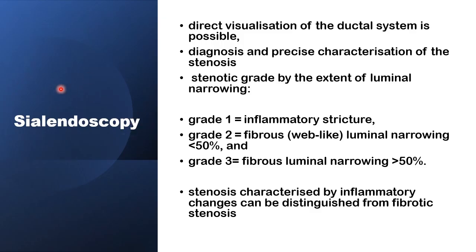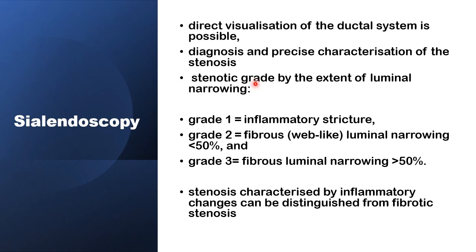And then came the endoscopy, which allows direct visualization of the ductal system, and not only the diagnosis of strictures, but also characterizing those strictures in terms of the luminal narrowing.